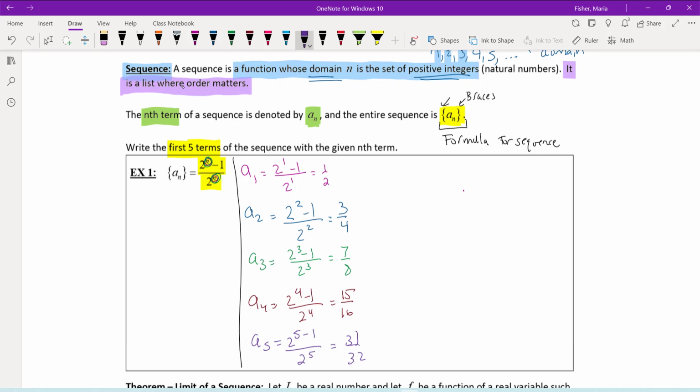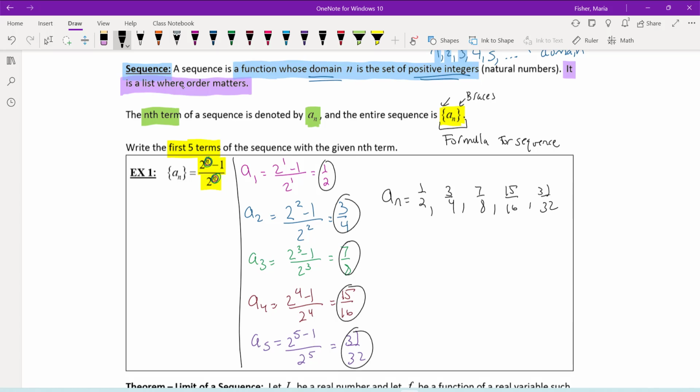So the first 5 terms of this sequence, if I have a sub n, would be 1/2, 3/4, 7/8, 15/16, 31/32, and so on, all the way to a sub n if I'm listing it with a sub n.